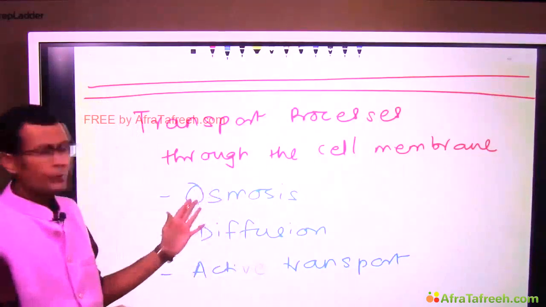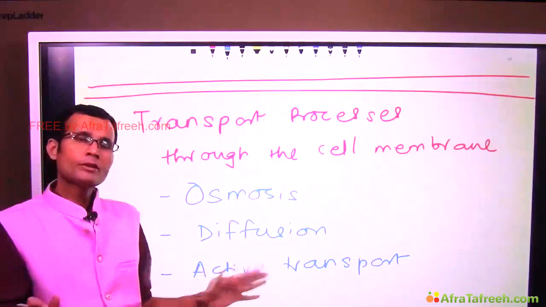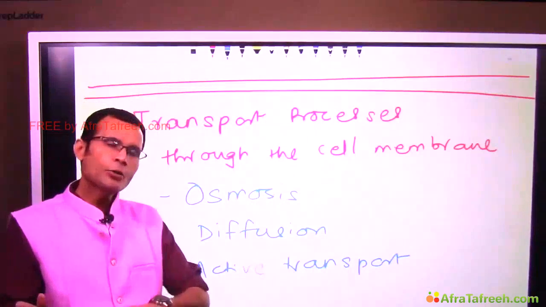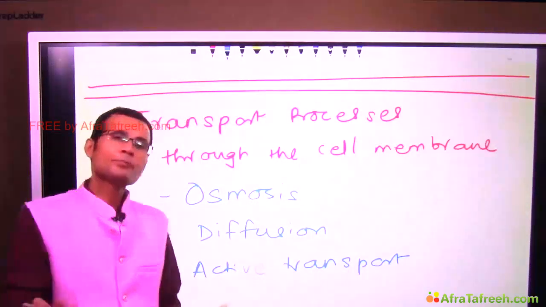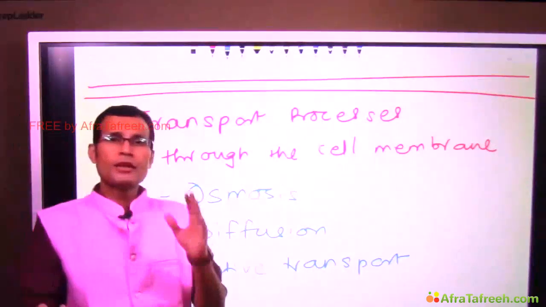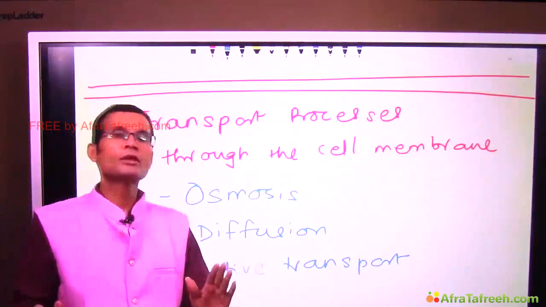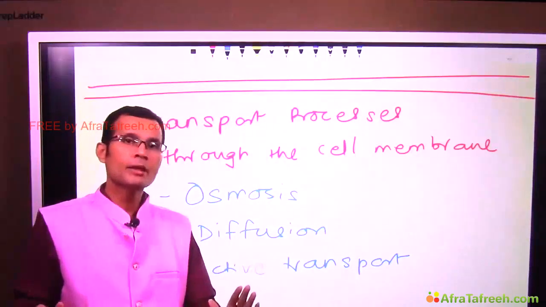Look, basically in all the cases, the substances are crossing the membrane to either go into the cell or out of the cell. But when we say transport through the cell membrane, it means it goes through the cell membrane, invades the membrane.